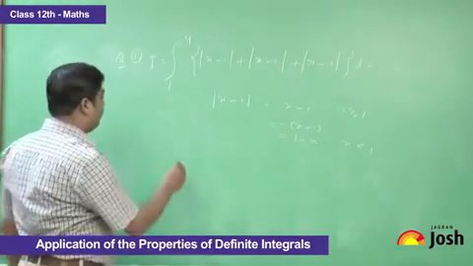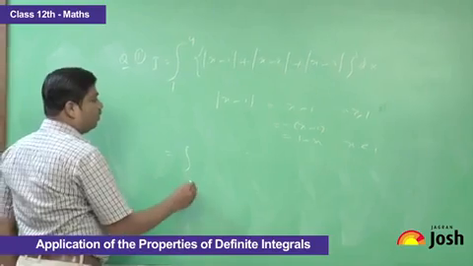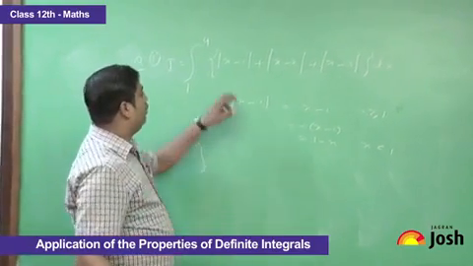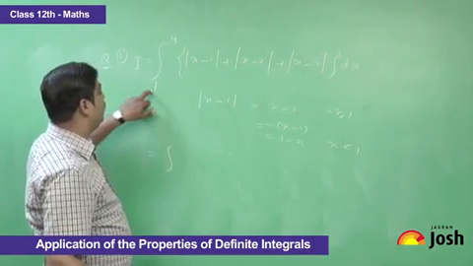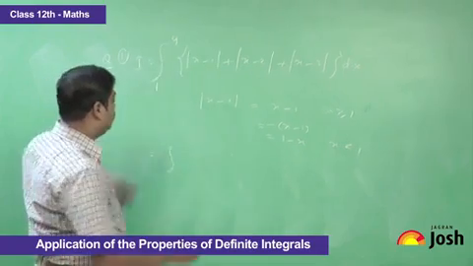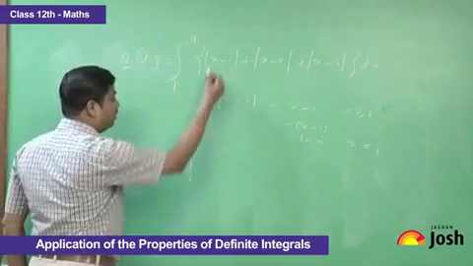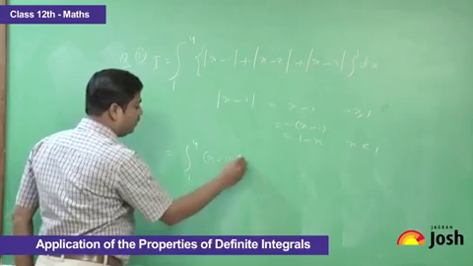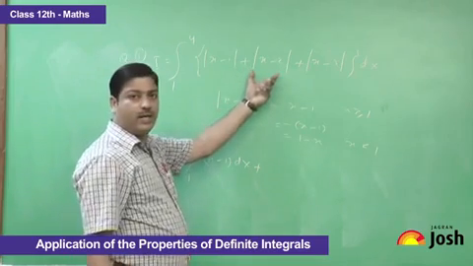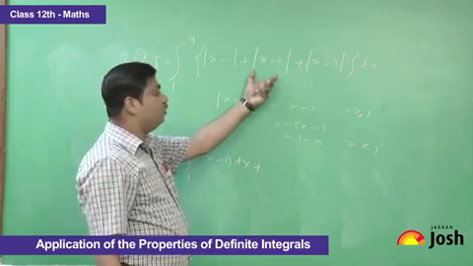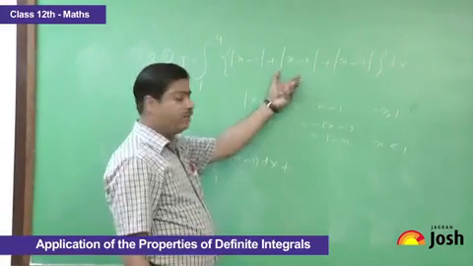So we break the limit. We know that x minus 1 is always positive for x greater than 1 and more. So from 1 to 4, the first function is written like this. However, modulus of x minus 2 is negative till 2 and from 2 to 4 it is positive.